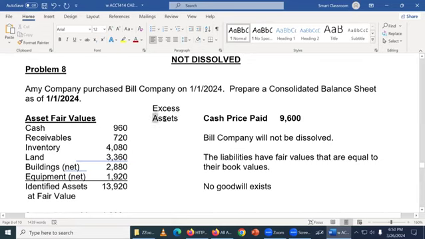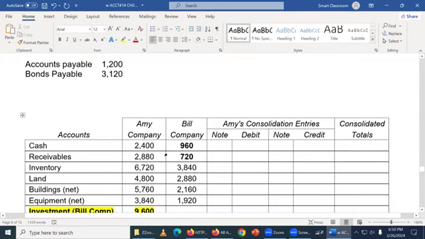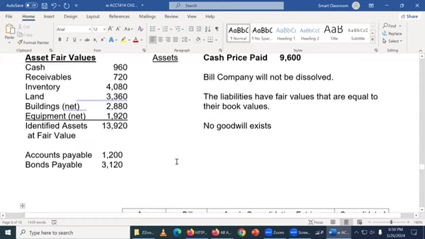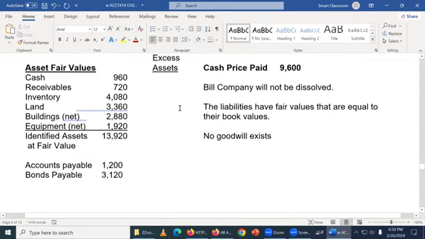I actually thought I had these set up as a second row. All right, so cash is the same. There's no excess assets there. Inventory, receivables are the same. Inventory, the fair value inventory is 4,080.